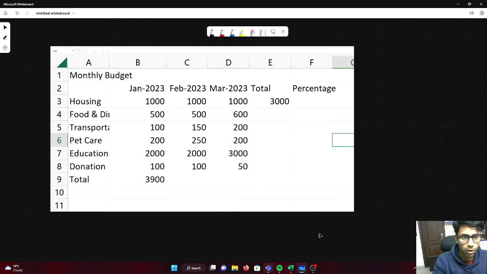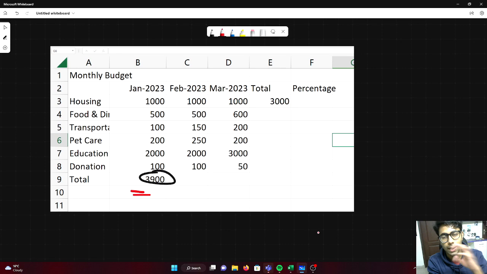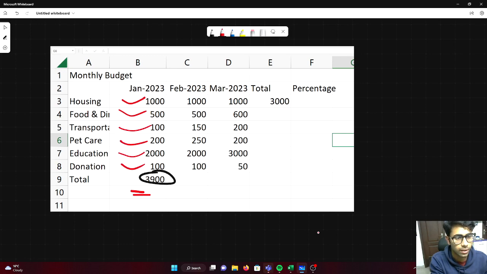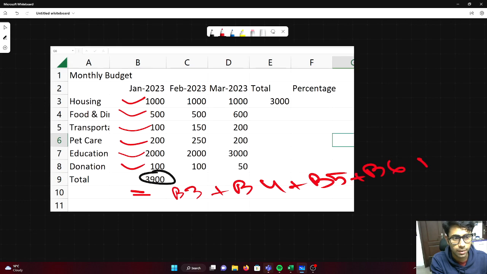We first typed the equal to sign in order to access our Excel formulas, and then since we wanted to add these values, we wrote B3 plus B4 plus B5 plus B6 plus B7 plus B8.